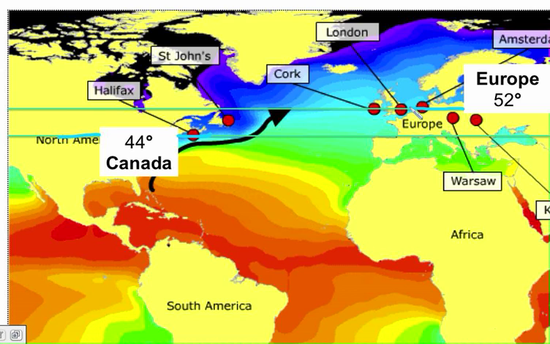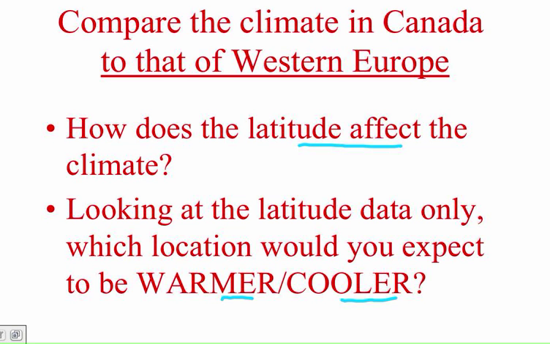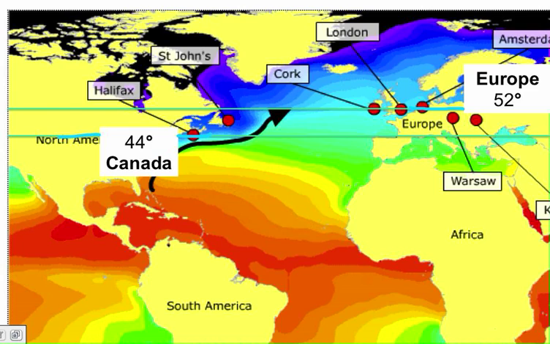Now, of course, thinking of this question, how is latitude affecting climate? We know when we're closer to the equator, we have much warmer temperatures. Further from the equator tends to be cooler. So with that prediction, we should see that Canada is warmer, being closer to the equator. That's our prediction. And Europe being a little bit cooler because of its distance from the equator.